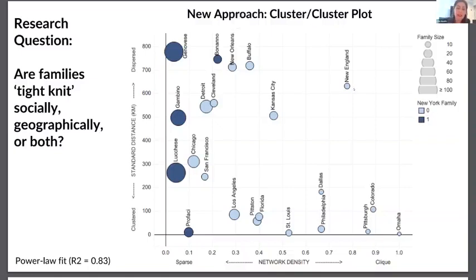We find some things that are off the trend, like New England, which had a number of members in Florida, so New England was just a little bit more spread out, even though they were pretty tight-knit. We also found that the Profaci family, even though they lived very close to each other, were not well connected, and a lot of the members were just connected to the boss.